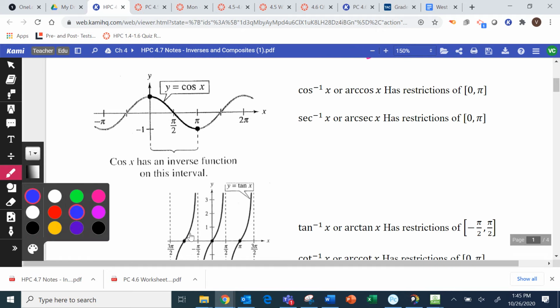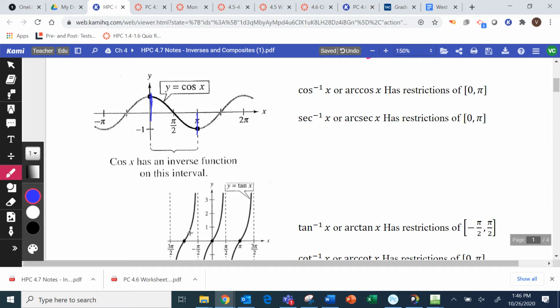Then cosine. So the same thing happened if we just use a horizontal line test right now at cosine. It will fail that, so we're going to only take a little piece of cosine, and the piece that has been chosen is from 0 to pi. So that is enough information to get all of my cosine values.